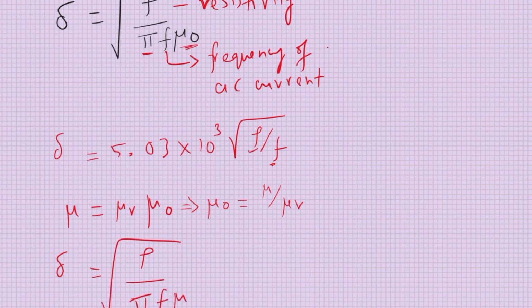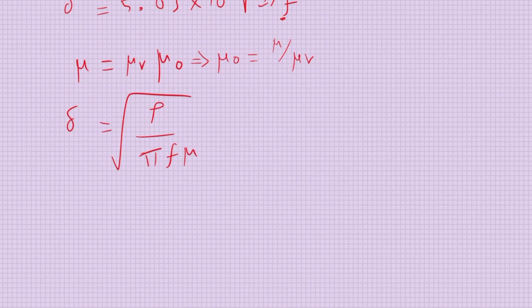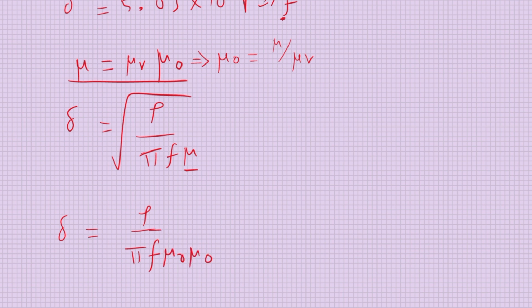So delta, equal to the root of rho by pi f mu naught, can be written with mu r mu naught.